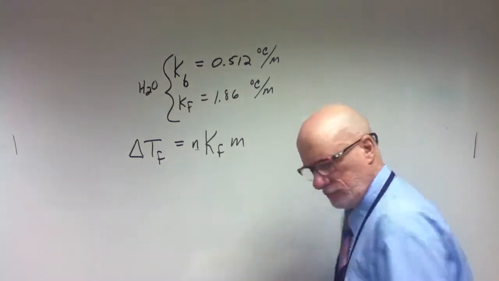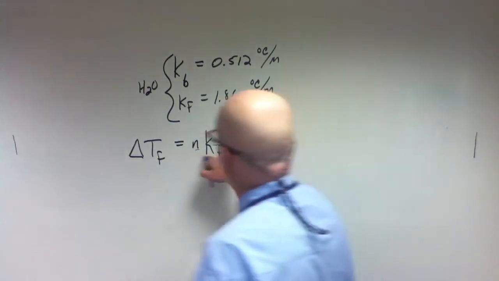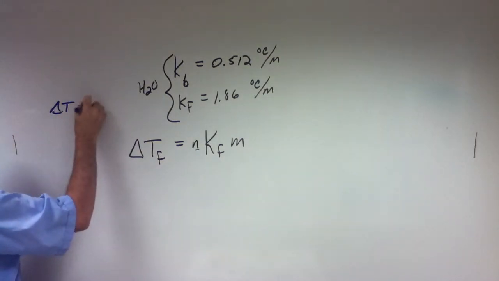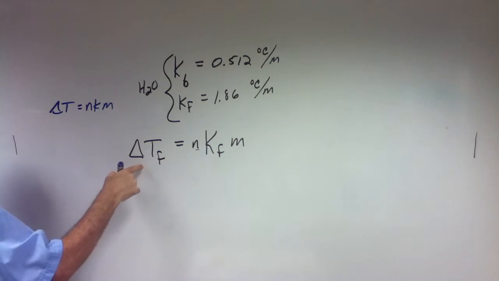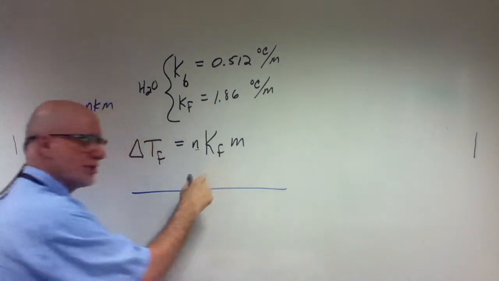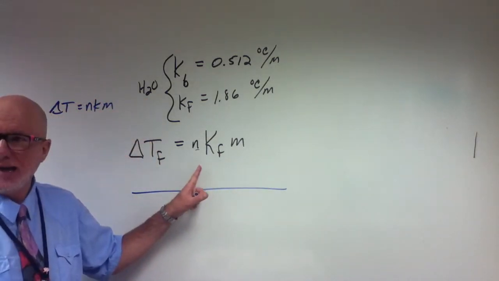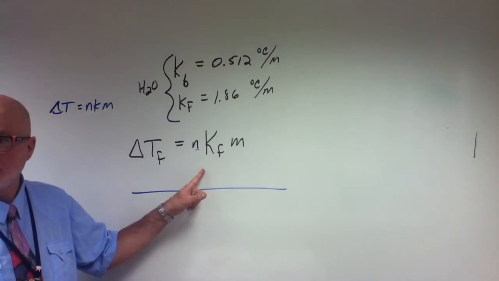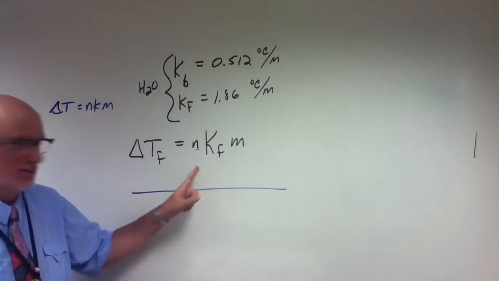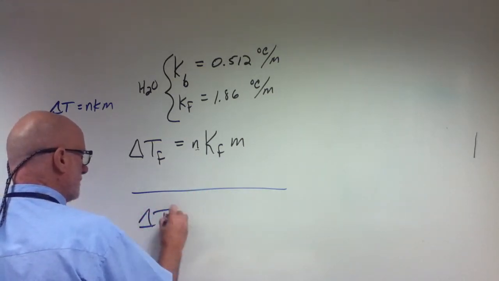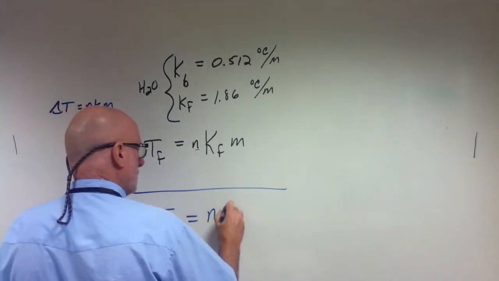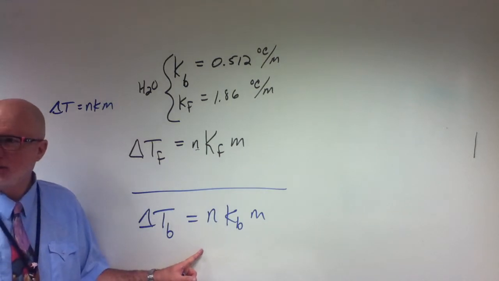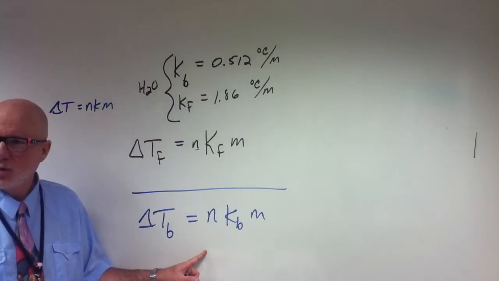Now, the general formula for this is going to be change in temperature equals N K m. This is going to be for the freezing point, and I'll subtract that from the freezing point of water because it's a depression. And this is going to be for the boiling point elevation. You get it?